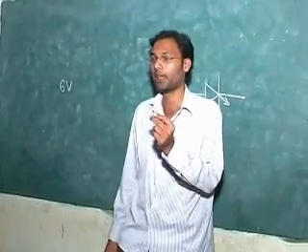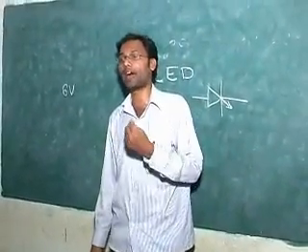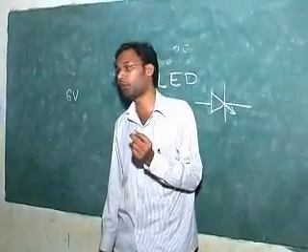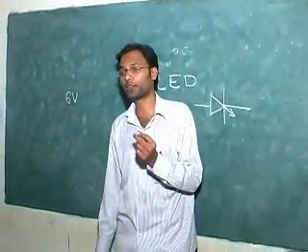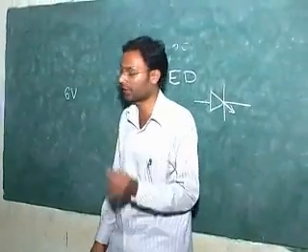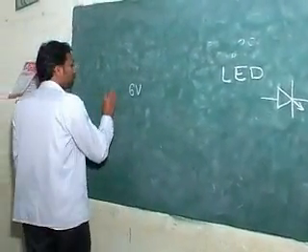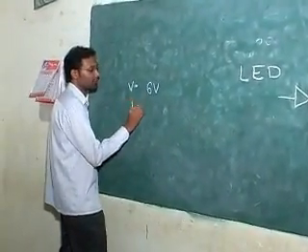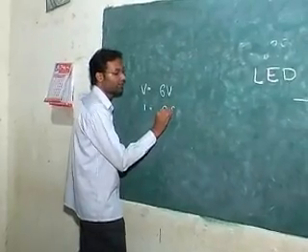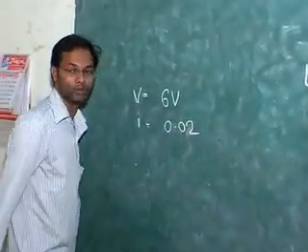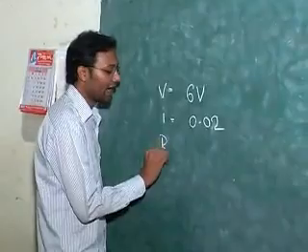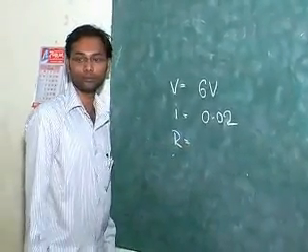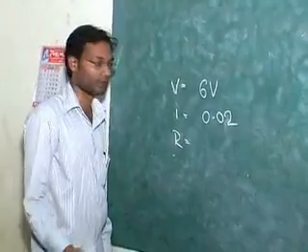So how many milliamps of current do we require here? 20 milliamps. If you convert this 20 milliamps into amps, then the value will be 0.02 amps, right? So V is equal to 6 and I is equal to 0.02. Then what will be the R value? Let us find.